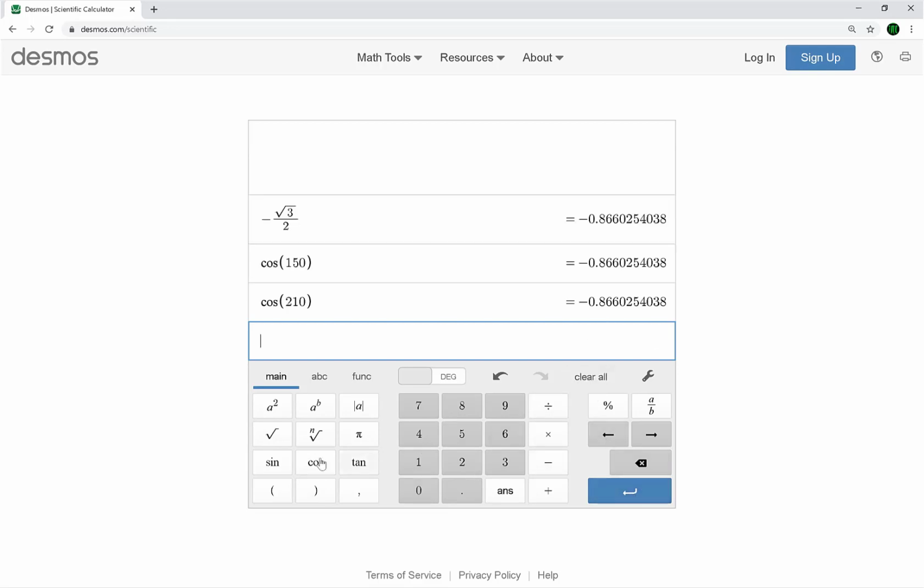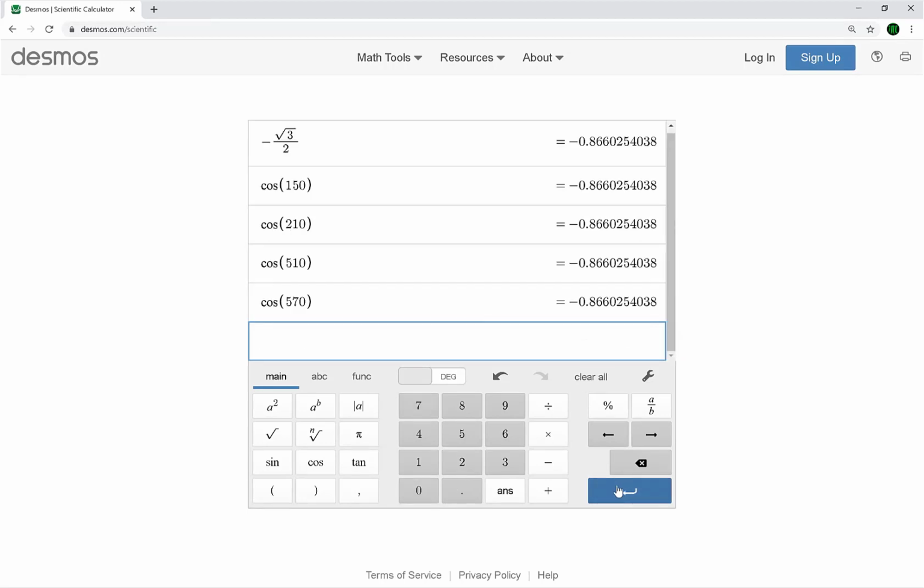Look at that. Then cosine 510, bam, look at that, guys. Cosine 570. Look at that, beautiful, guys. All of them are the same.